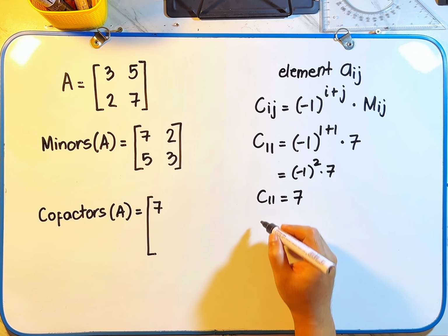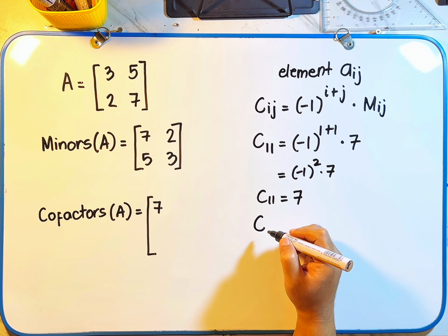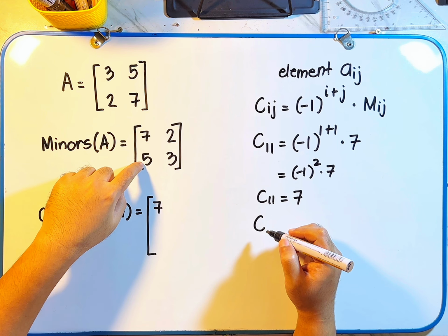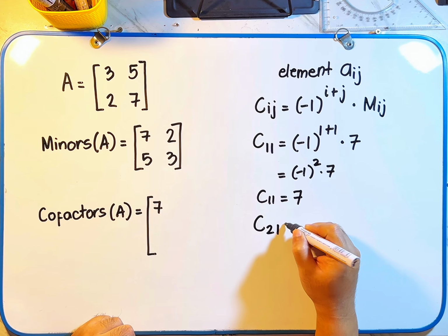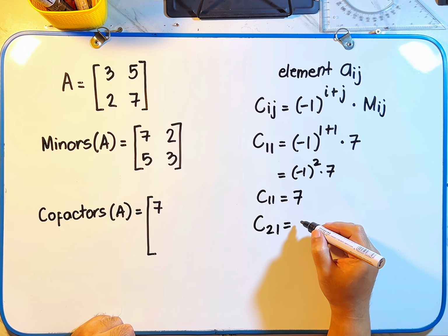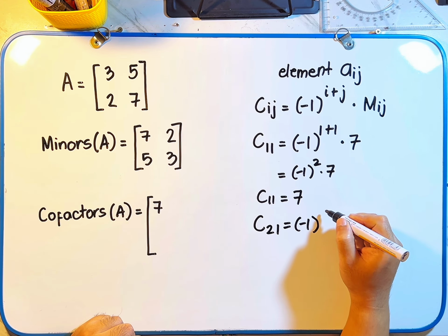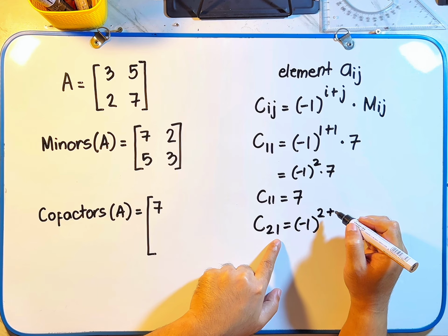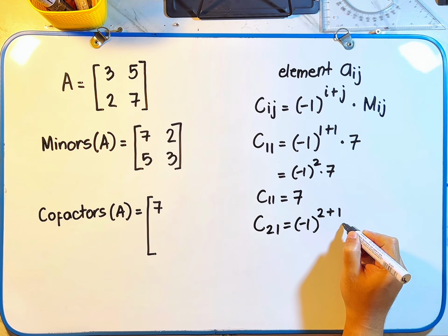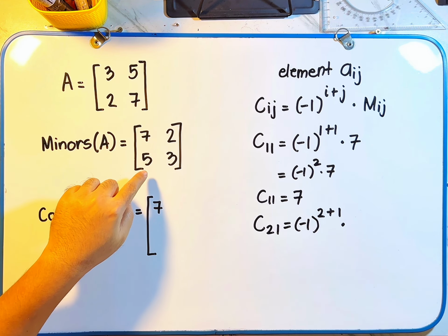Okay? Next, let's try to find the cofactor of the element in the second row, first column. Okay, so C21. Let us apply the formula: negative 1 raised to i is equal to 2 plus j is equal to 1, and then times the minor, which is 5.